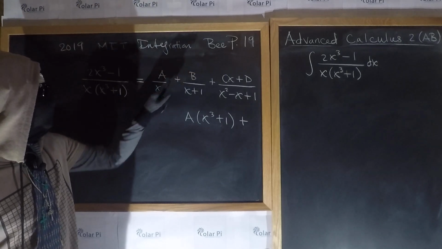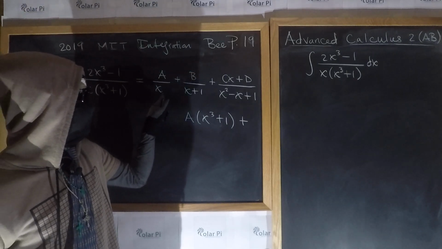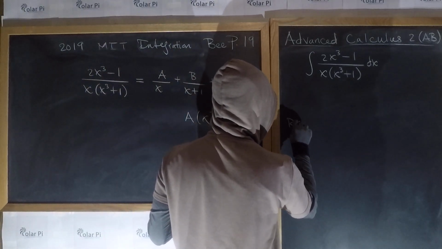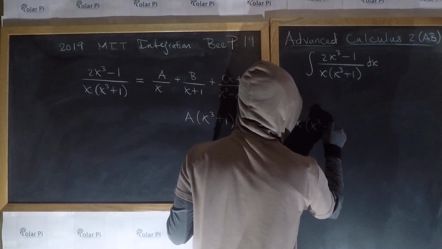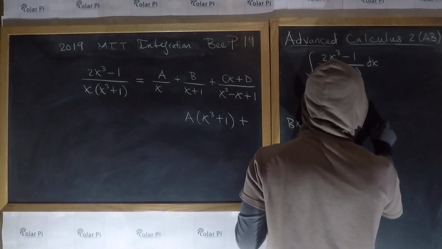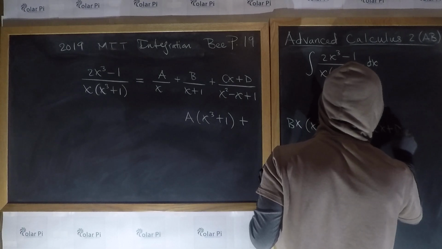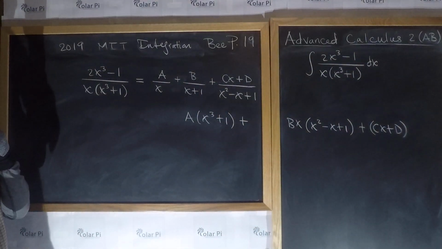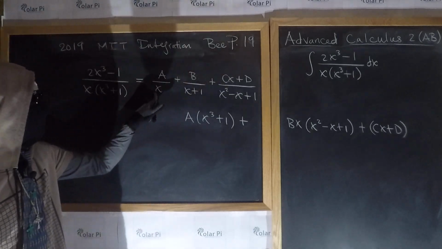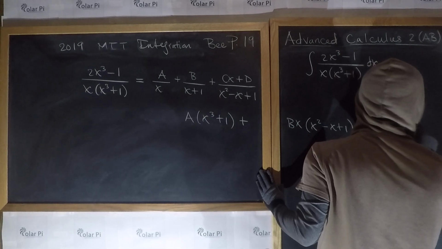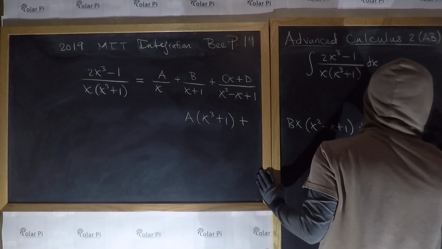So for b, we have to multiply by this here, x, and this quadratic. So it's going to be bx times x squared minus x plus 1, and then plus cx plus d is going to be multiplied by, what's cx plus d going to be multiplied by? This is going to be multiplied by x times x plus 1, so that's x squared plus x.